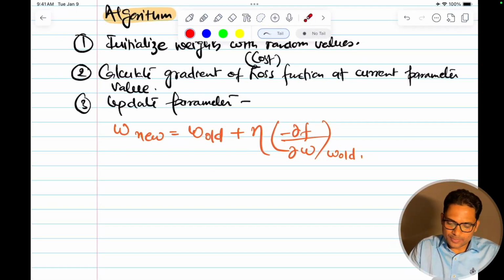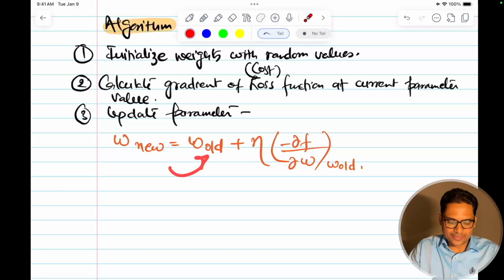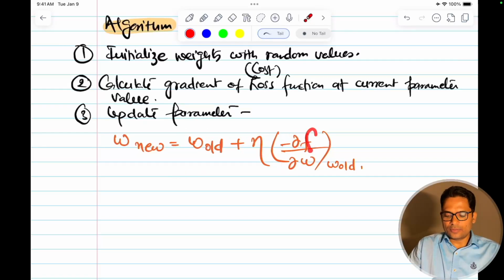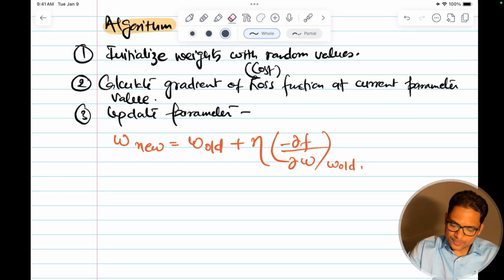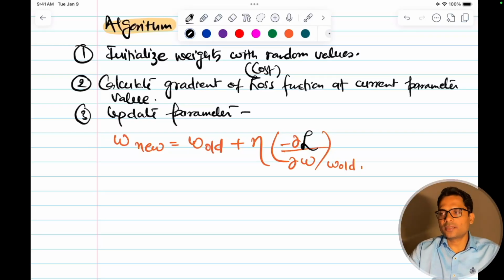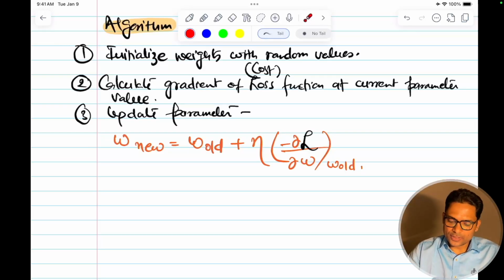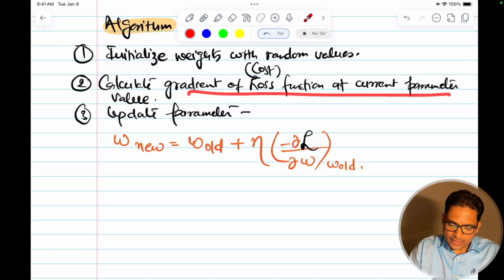So the first step is initialize a random weight, so that you start with some weight, and then you will calculate this, instead of f I'll write loss to make it the loss function. So calculate the gradient of the loss function at that point, and then you get this, and then update the parameter.